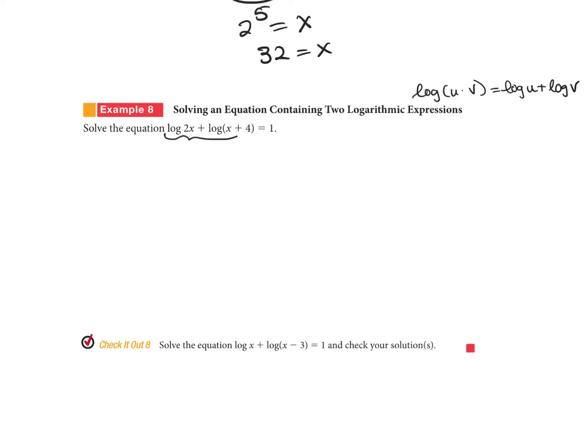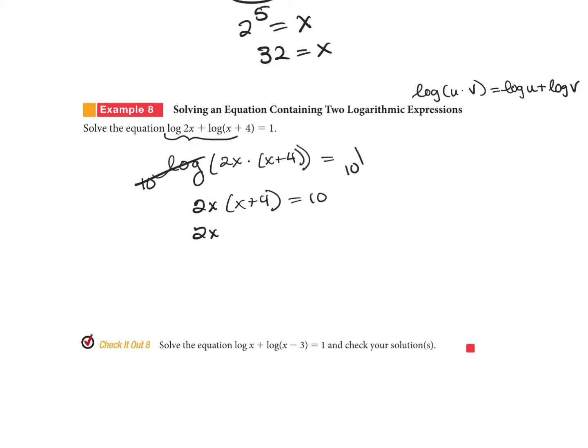So if I can condense this into one log, that's going to be very helpful. So this is going to be log of 2x times x plus 4. All right, and now I am going to raise both sides to the power of 10 because this is a common log base 10. Those will cancel. I'm going to have 2x times x plus 4 equals 10.